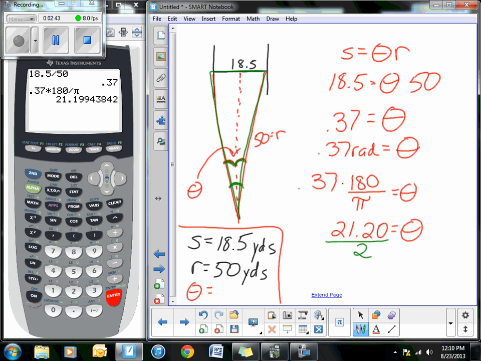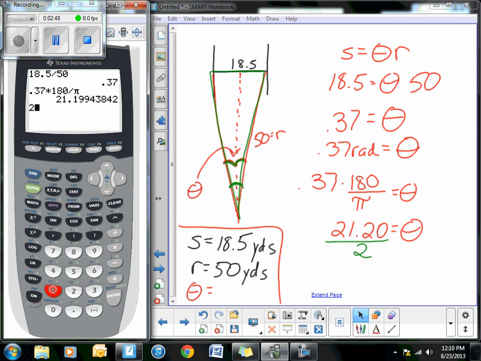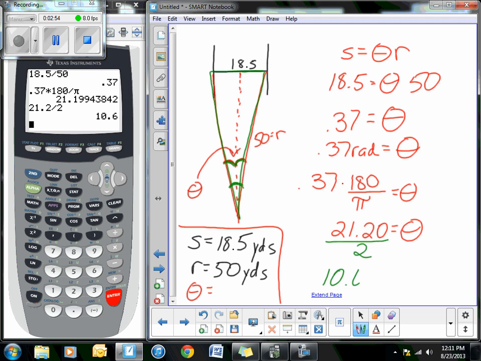So the 21.20, if I divide it by 2, what we figure out is that he's got 10.6 degrees that he can deviate to the left or to the right and still get it in between those goalposts. Each of these thetas right here, each one is about 10.6.